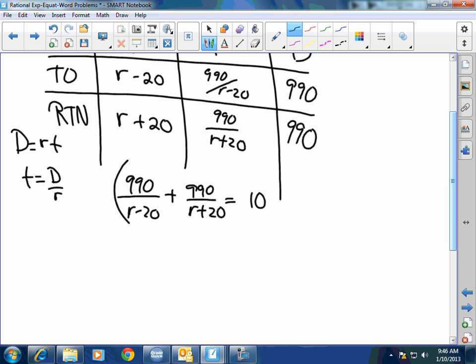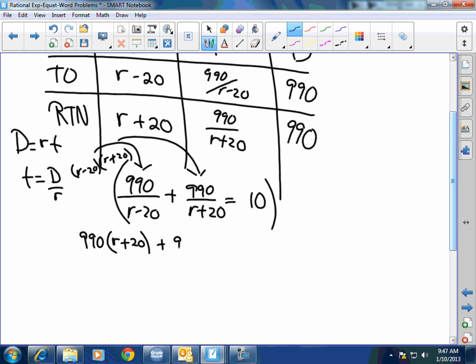So I'm going to go ahead and multiply everything by r minus 20 times r plus 20 to both sides. When I distribute this, I'm going to get 990 times r plus 20 plus 990 times r minus 20, and that's going to equal 10 times r squared minus 400.